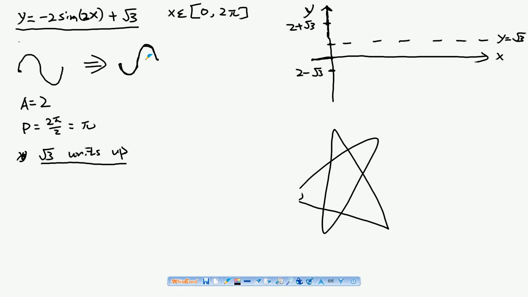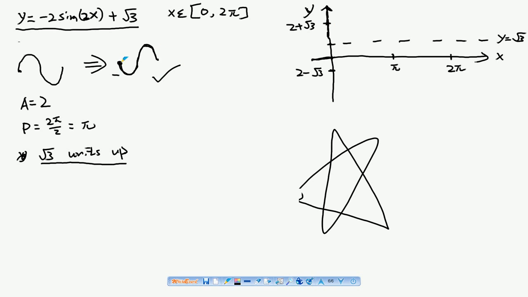Now the shape would look like that, and the period is pi. So let's put pi, and we have to draw the graph from 0 to 2 pi. Now let's label the graph.